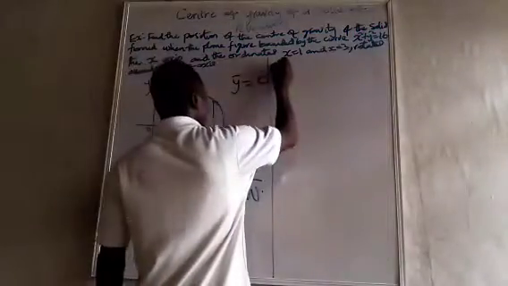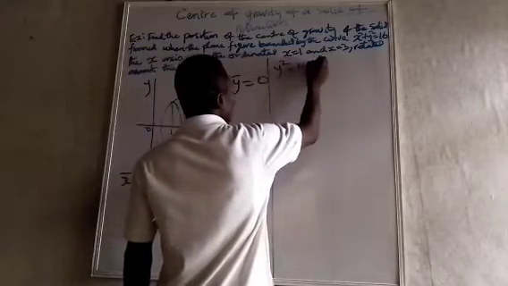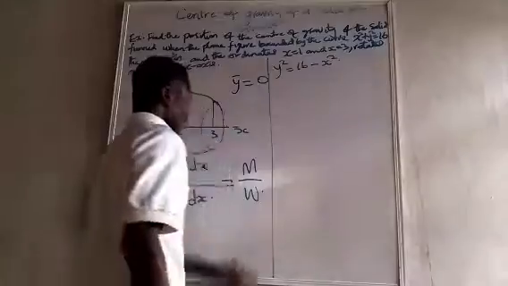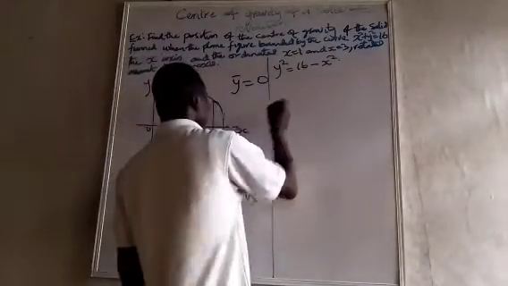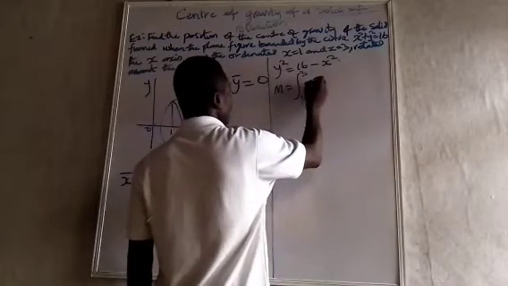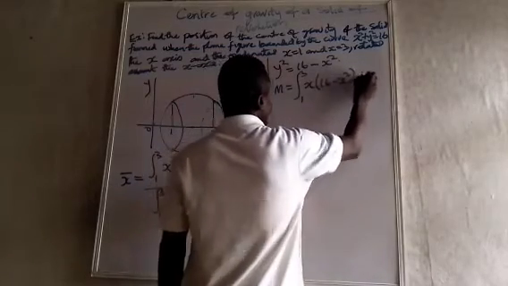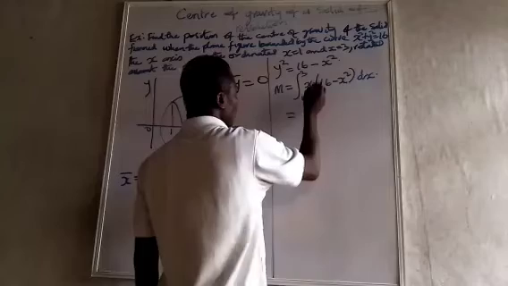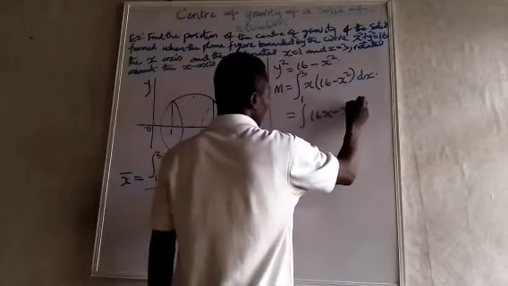Let's find N. We know that y squared equals 16 minus x squared. So N is the integral from 1 to 3 of x times (16 minus x squared) dx, which gives 16x minus x cubed.